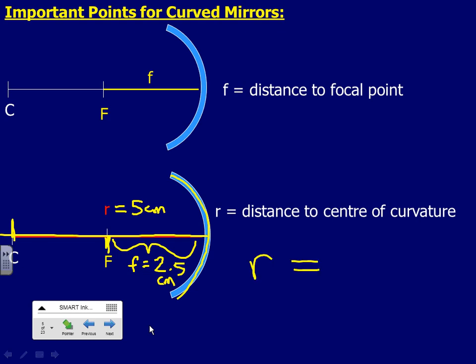R is equal to 2 times F, 2F. Or F is equal to R divided by 2, or 1/2 R. And that is the relationship for a mirror.